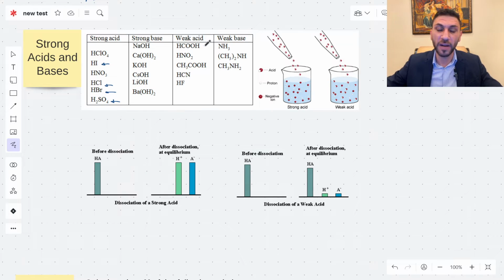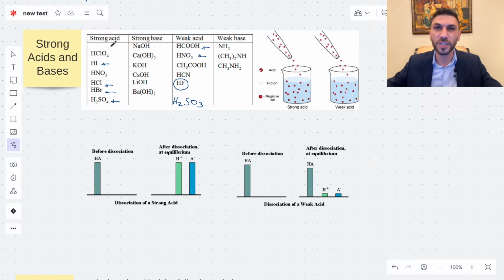And also we have weak acids, HCOOH, HNO2, CH3COOH, HCN, and HF, as well as, I'm going to add this too, H2SO3. Similarly, we have strong bases and we have weak bases. We need to know the strong acids from the weak acids, and the strong bases from the weak bases.